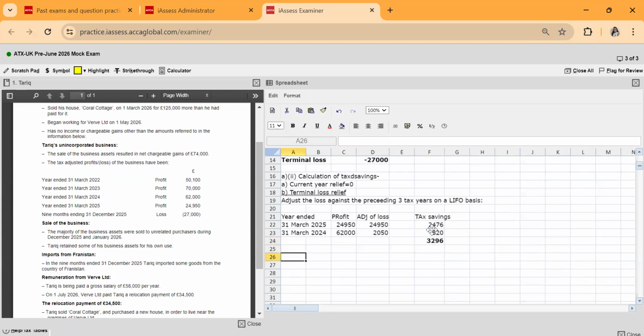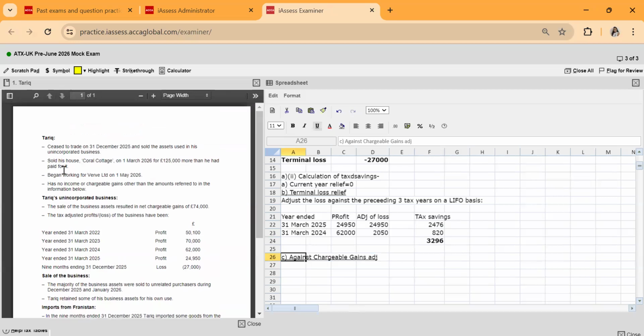So we've got a terminal loss relief. Now you can see there is a chargeable gain also, so we can adjust the loss against a chargeable gain as well as do a carryback relief. This is the third option: adjustment against chargeable gains. Let's read about the chargeable gains.